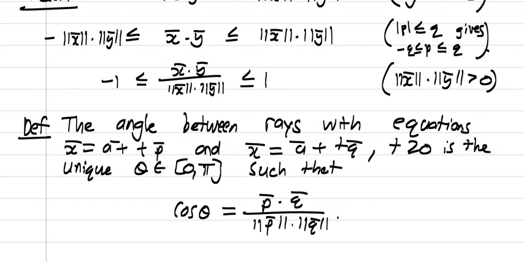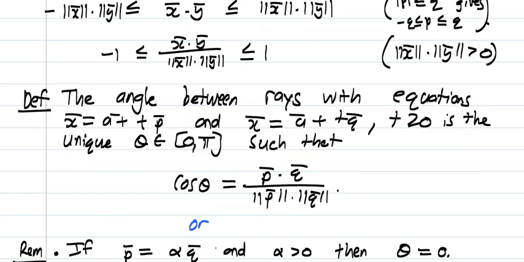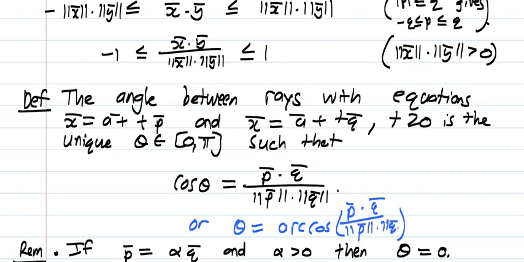Cos theta equals p dot q over the norm of p times the norm of q. Or if you want to, you can say that theta is equal to arccos of p dot q over the norm of p times the norm of q.